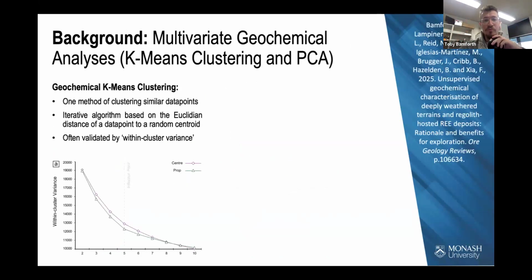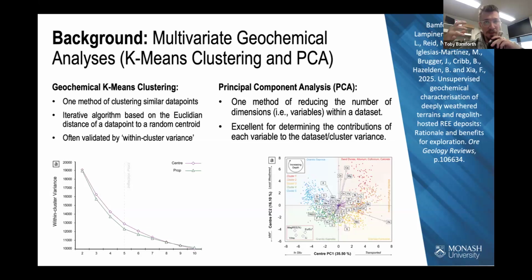I'm going to very briefly gloss over the geochemical analysis that we did. I apologize if everyone's already familiar with these analyses, but it's quite integral to understanding what's happening. The first thing we did was K-means clustering. We took 3,000 samples from the Splinter Rock deposit and put them through a K-means clustering algorithm.